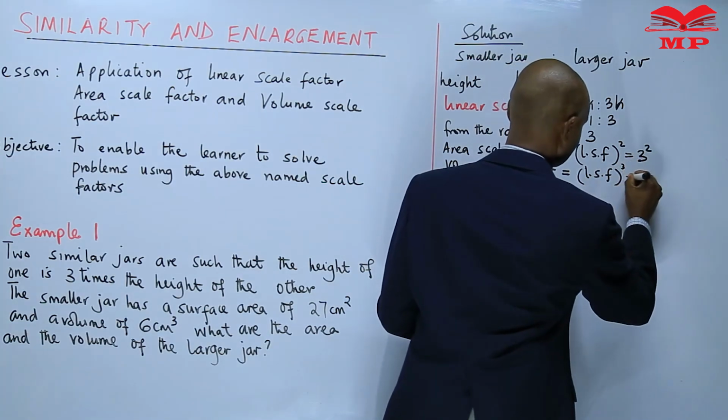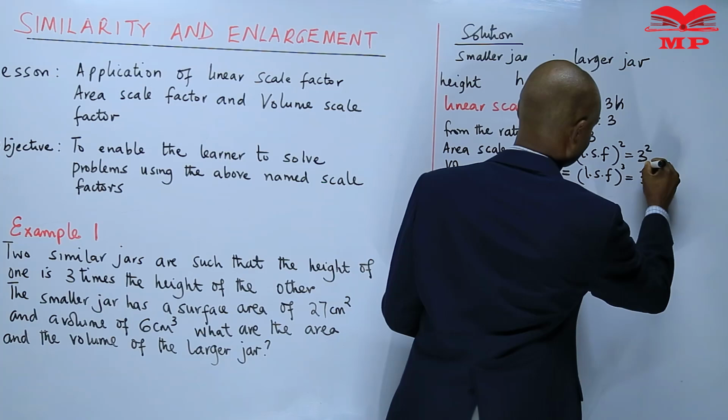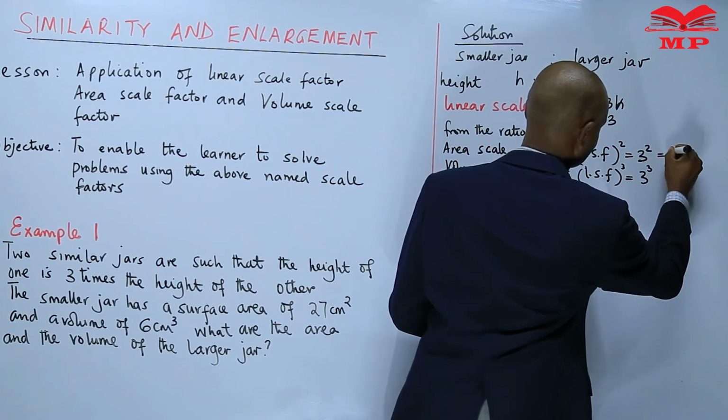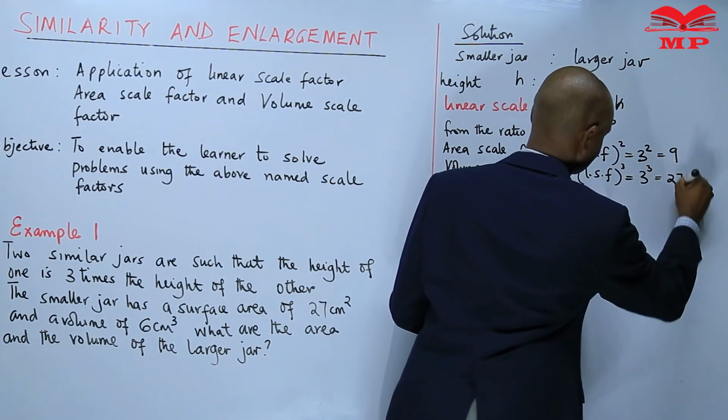That will be 3 cubed, and that gives you 27.